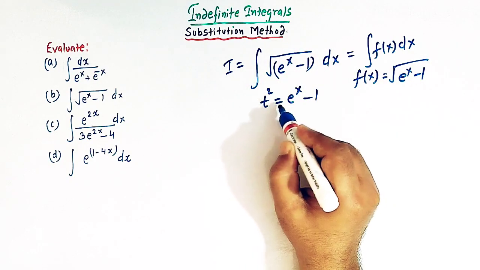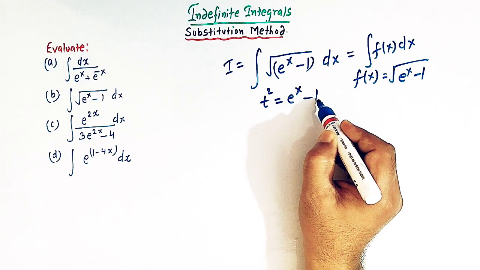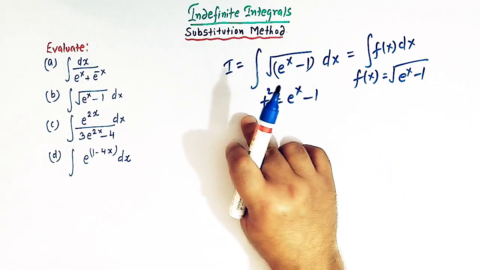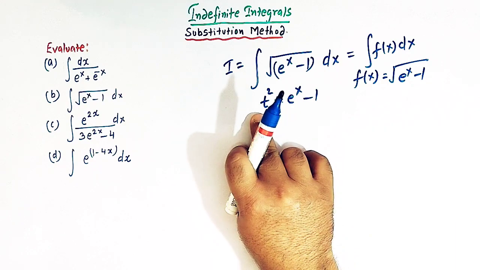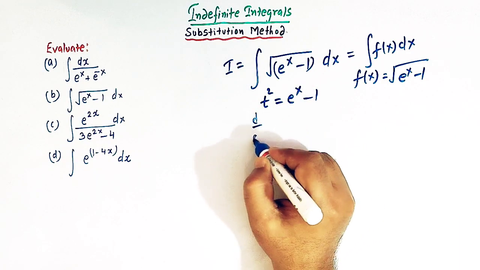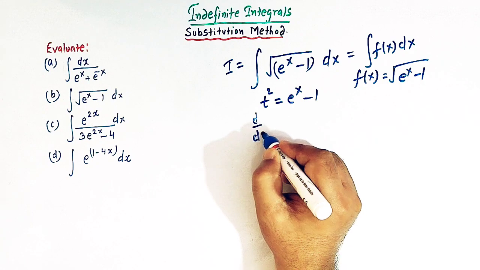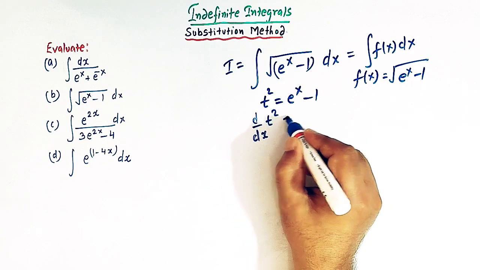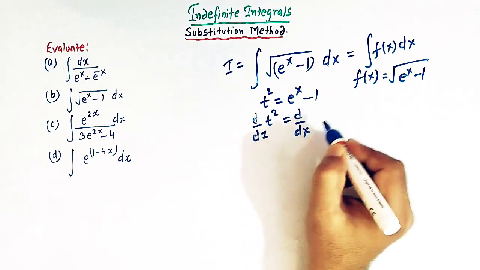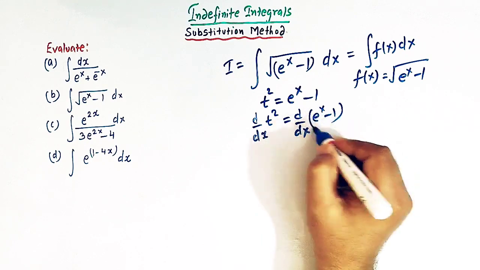So now t square is e raised to x minus 1. Let us differentiate both sides with respect to x. It means we should write d by dx of t square, and here we have d by dx of e raised to x minus 1, right?